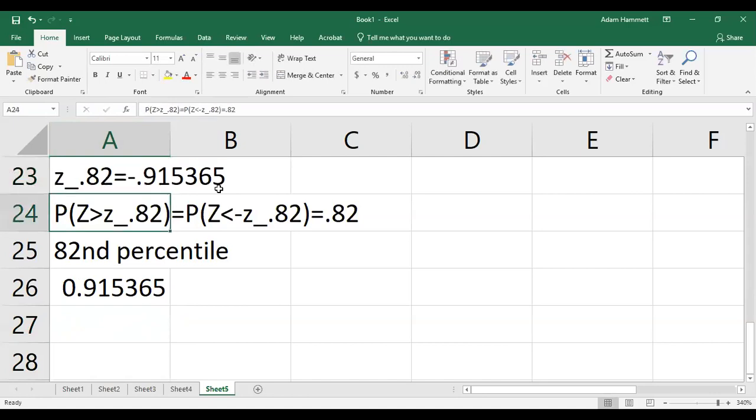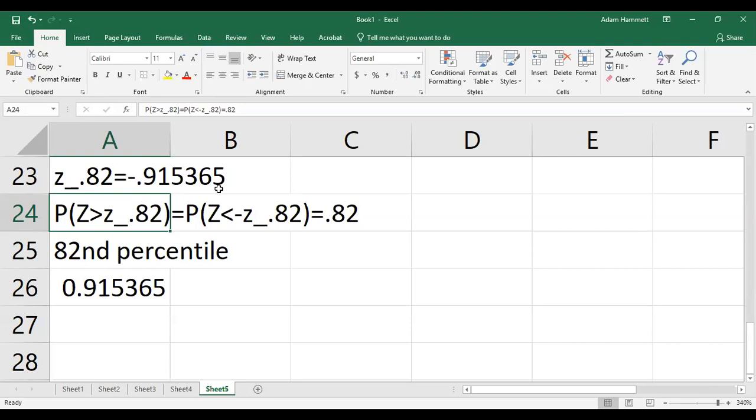Why does it make sense that that thing would be negative? Well, I want a number such that the probability that Z is beyond it is 82%. The probability that Z is bigger than 0 is 50%, so I would actually have to have a negative number to increase that probability from 50% to 82%. I would have to go below 0 to get that to happen.